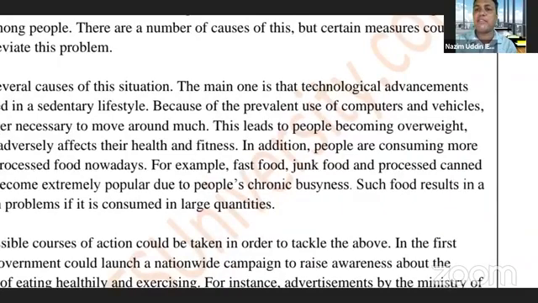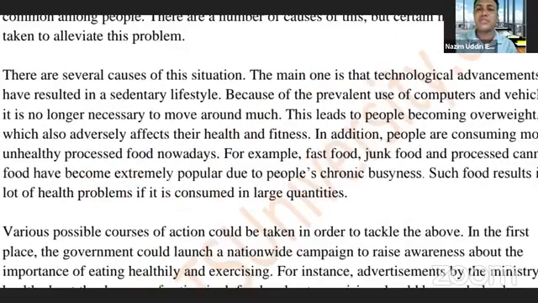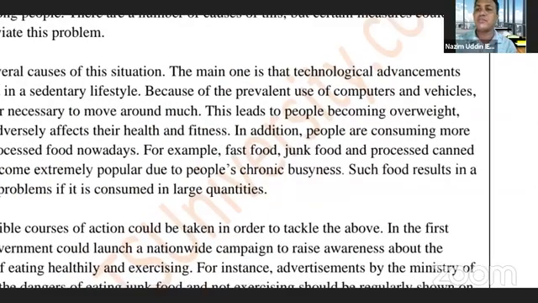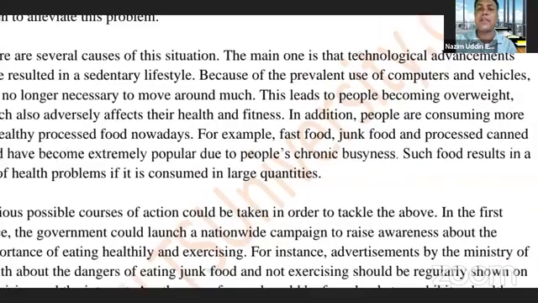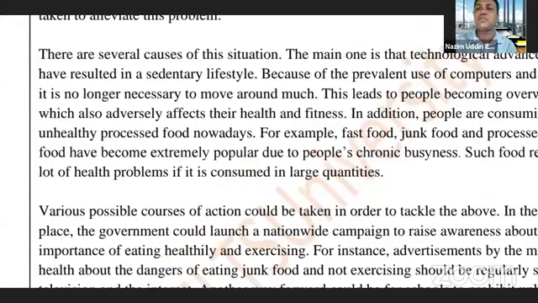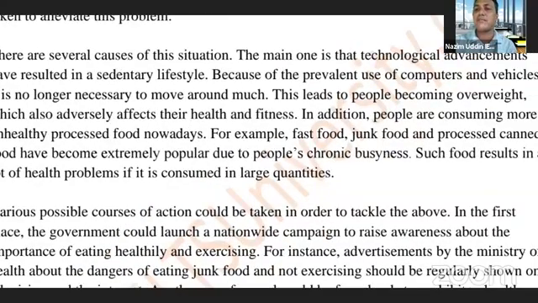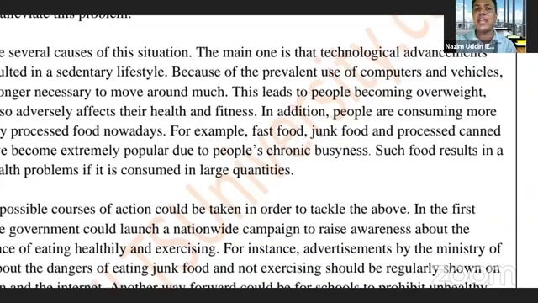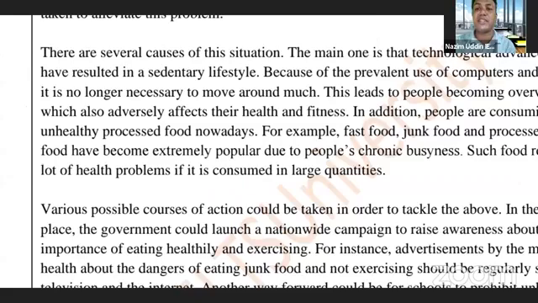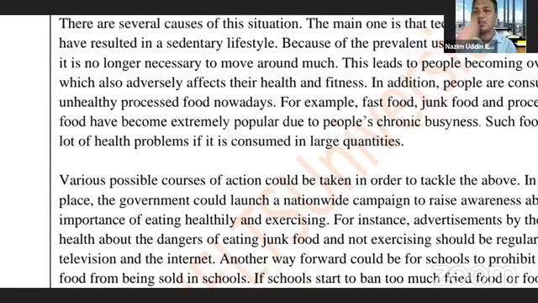In addition, people are consuming more unhealthy processed food nowadays. For example, fast food, drinks, and processed canned food have become extremely popular due to people's chronic busyness. Such food results in a lot of health problems if it is consumed in large quantities.